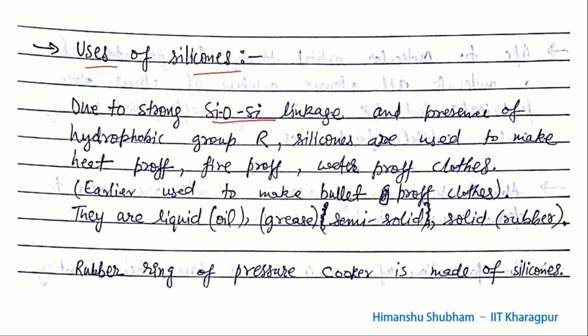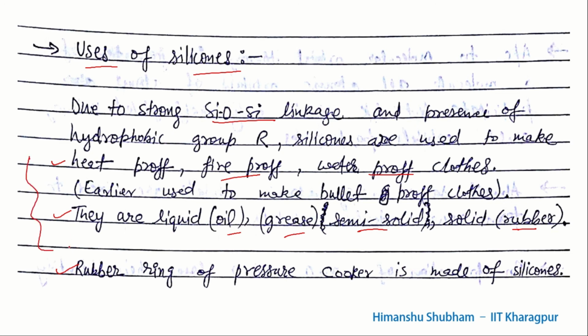So these silicones are used to make heat proof, fireproof or waterproof cloths. Earlier silicones were also used to make bulletproof cloths, and they are liquid in the form of oil, semi-solid in the form of grease, and solid in the form of rubber. The rubber ring of a pressure cooker is also made of silicones.